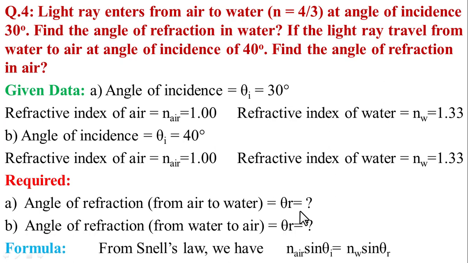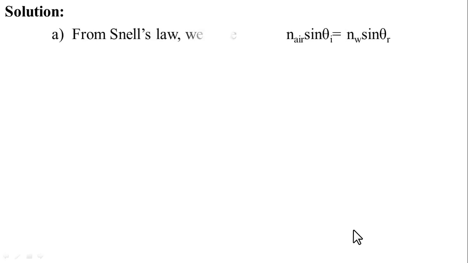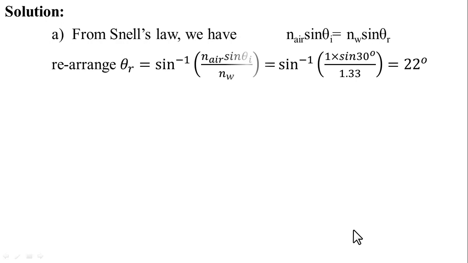Now we will use Snell's law. From Snell's law, n sin theta i is equal to nw sin theta r. Now in solution, first of all in A part, from Snell's law we have n air sin theta i is equal to nw sin theta r. Now we rearrange the formula.